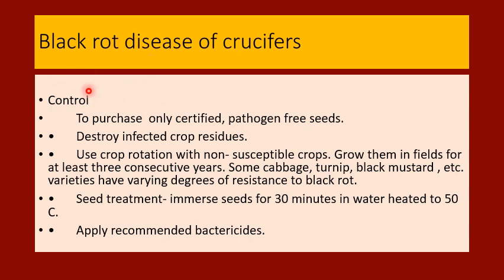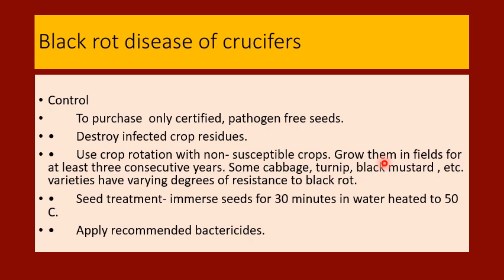We will go to the management practices of black rot disease of crucifers. We need to purchase only certified pathogen-free seeds and also destroy infected crop residues, as the pathogen can be there in the crop residues. Then use crop rotation with non-susceptible crops, growing them in the field for at least 3 consecutive years.